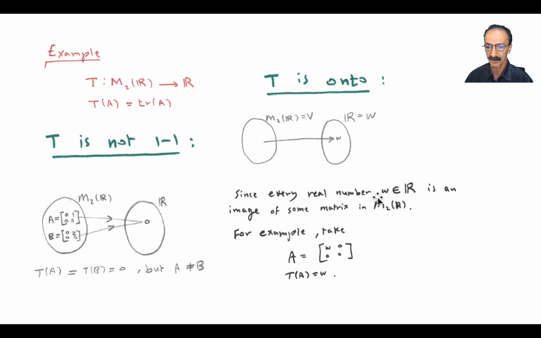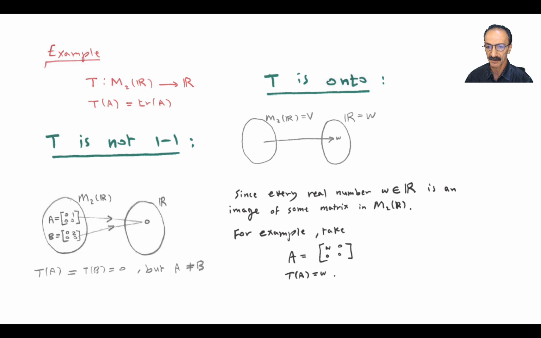Since every real number W in R is an image of some matrix in M2(R). For example, take A equals [W, 0; 0, 0]. Notice that W is a number and it belongs to the set of real numbers. Then T(A) equals W. T(A) is the trace of A. W plus 0 is just W.